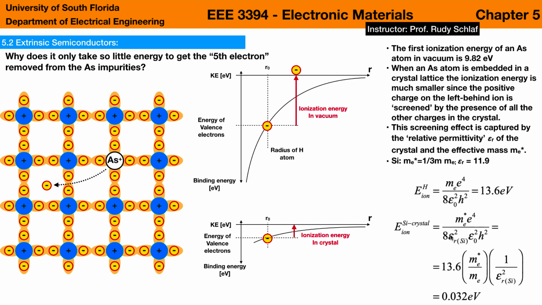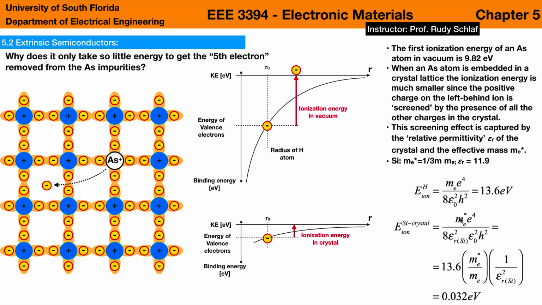And if we look at the permittivity, inside the crystal we have to multiply the permittivity in vacuum with the relative permittivity ε_r, and that is 11.9 for silicon. And since it's squared in this formula, we get actually a factor 100 right there. And so that explains how we can get from 9.82 to 0.03, right?